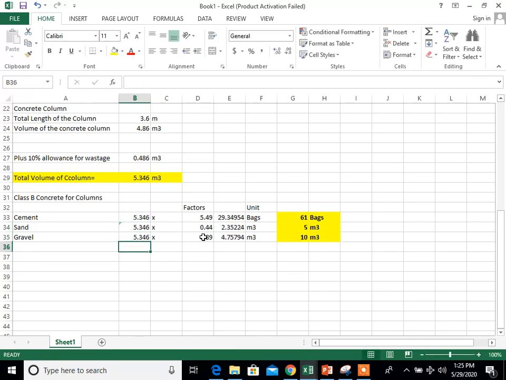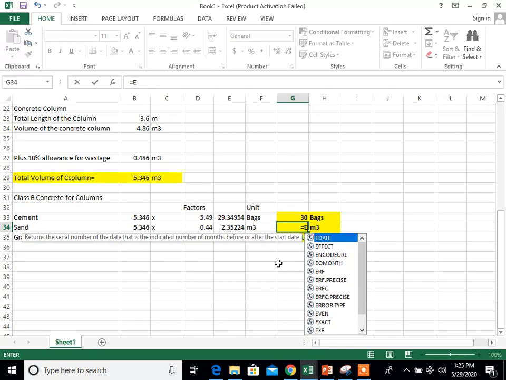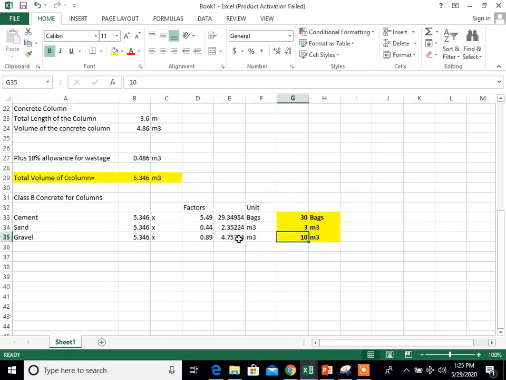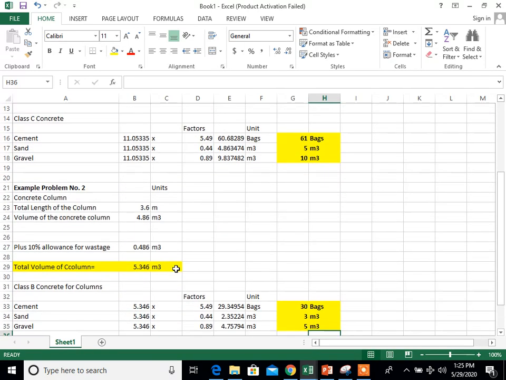Multiplying the factors to the total volume of the concrete, the number of bags of cement for the concrete column is equivalent to 30 bags. Then for the sand, equivalent to 3 cubic meters. Then for the gravel, equivalent to 5 cubic meters. So that's all for the concrete column.